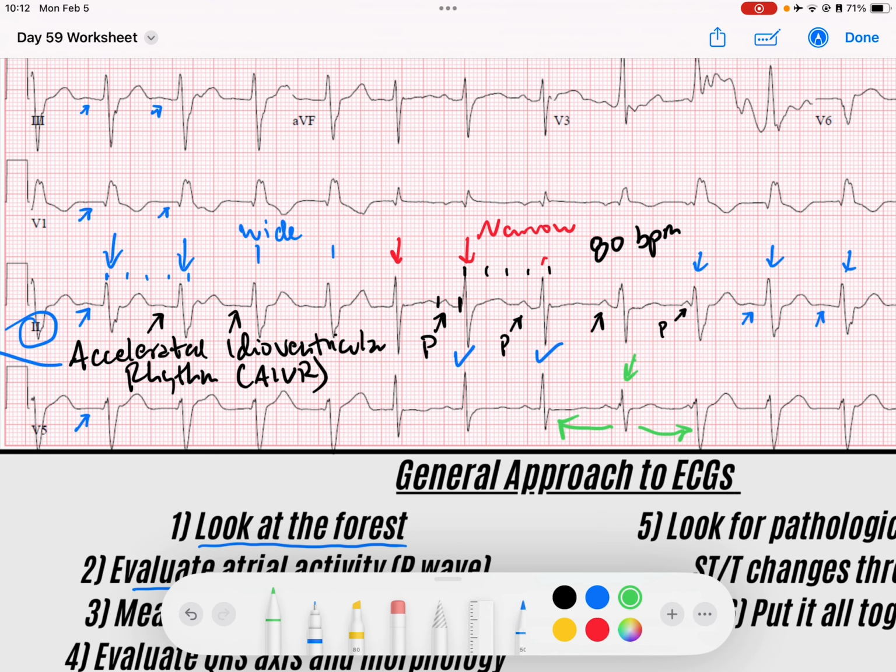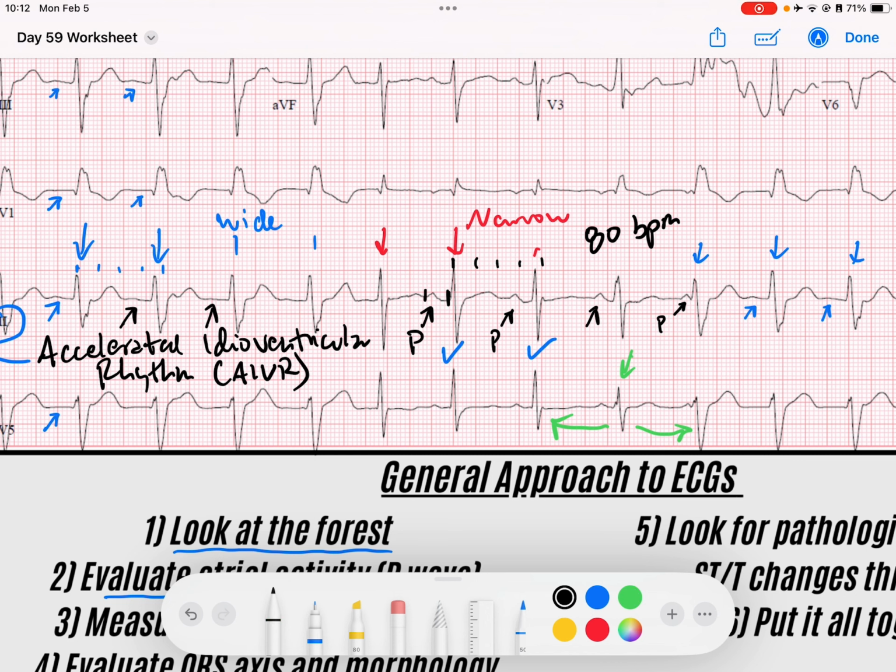And so what I think is going on here is the sinus node, the sinus rhythm, if you measure the P to P interval here, if we measure that out, notice it's a little bit shorter than if I measure the P to P interval to the next P wave. It's a little bit of a longer interval. And so when this P wave here conducts to this QRS, we get something called a fusion beat.